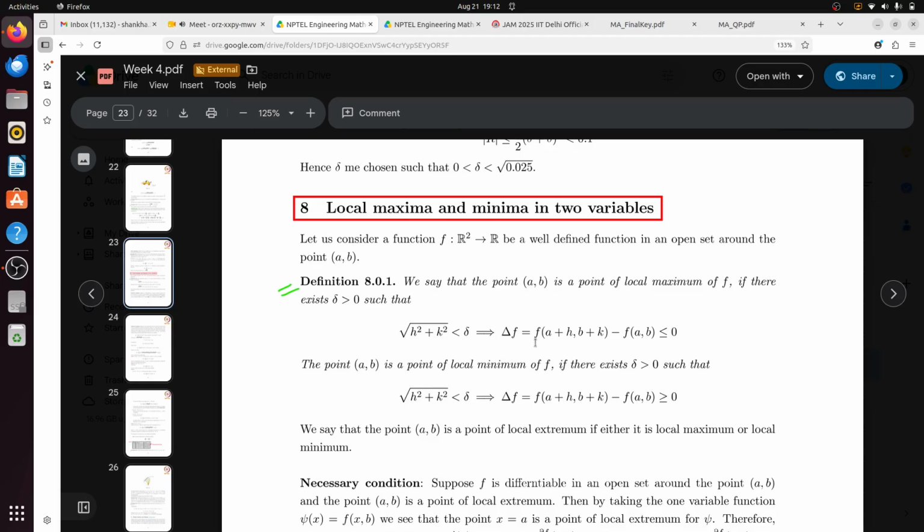Now if this neighborhood is actually the entire domain, then it is called global maxima or global minima. Any maxima or minima are usually called extremum points.